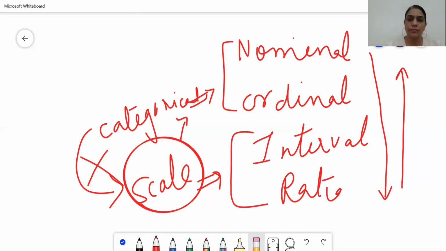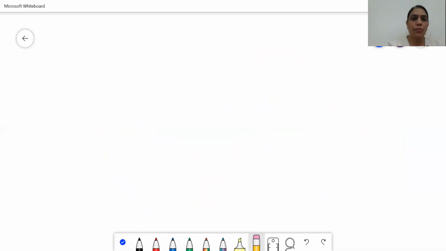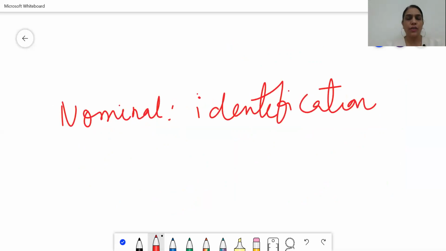What is nominal? Nominal data measurement scale is used for identification, or you can say it is used for classification. If I have one variable, say for example gender, I can divide this variable on the basis of numbers like this: one is male, two is female, third could be transgender.